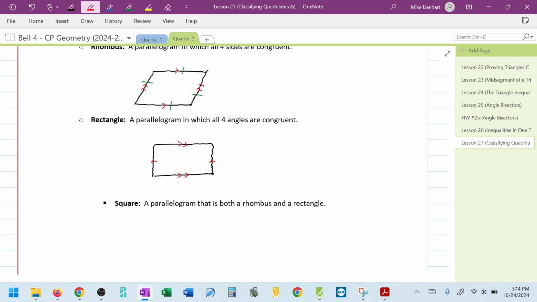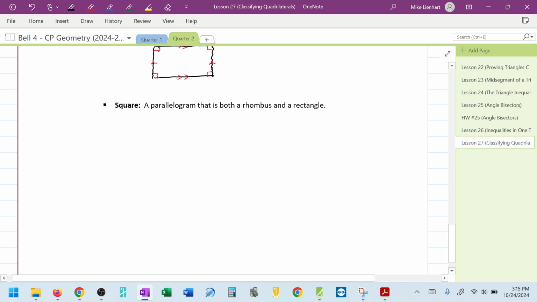But what makes it unique is all four angles are congruent. And specifically, all four angles are right angles. Now, in this, all they really need to do is tell me that one of the angles is a right angle. And if it's a parallelogram with one right angle, we know all the angles are going to be right angles. Okay? All right, and our last one that we have is a square.